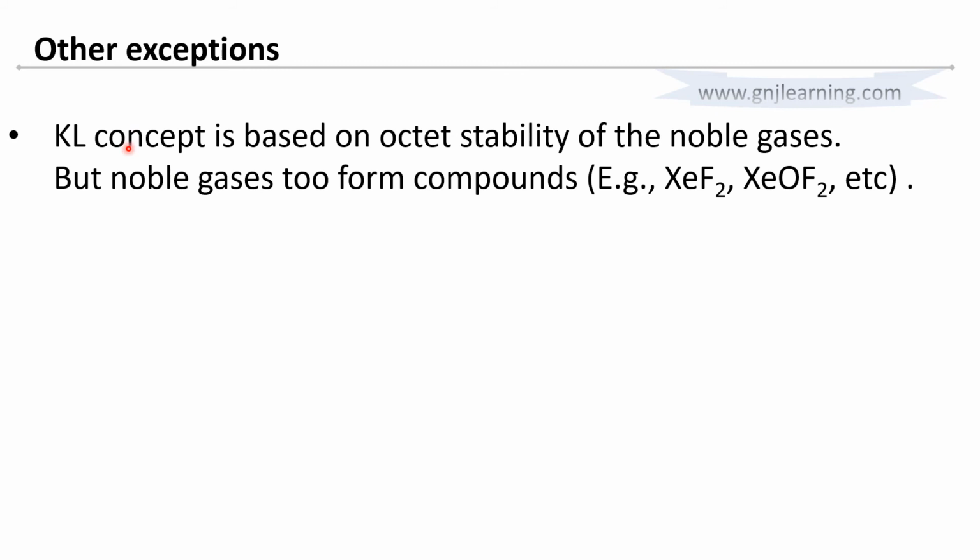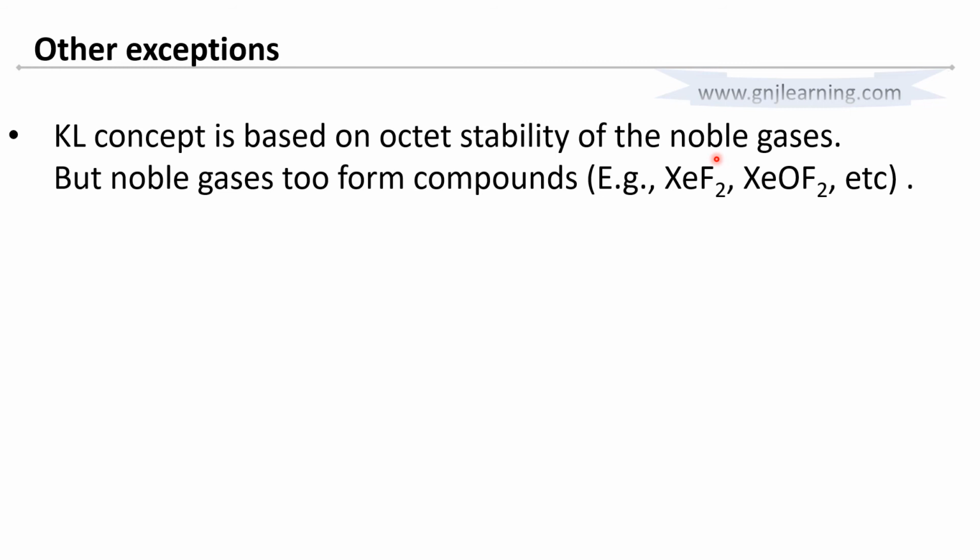So the basis of the Kossel-Lewis approach was the stability of noble gases. Because of their octet they are known to be stable. But later it was found that noble gases react with other atoms to form compounds. So what was the basis of the KL approach? The stability of noble gases.